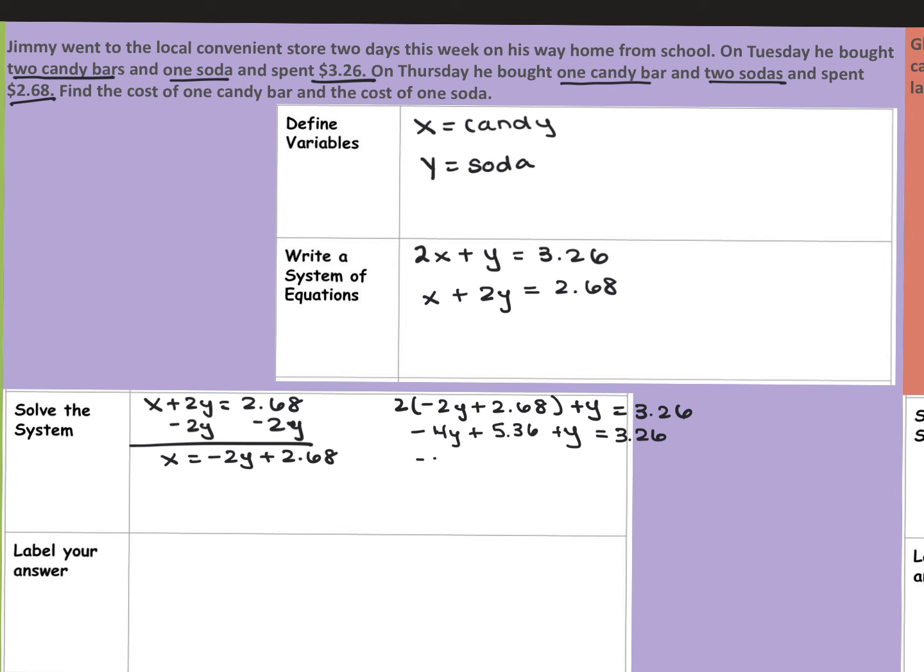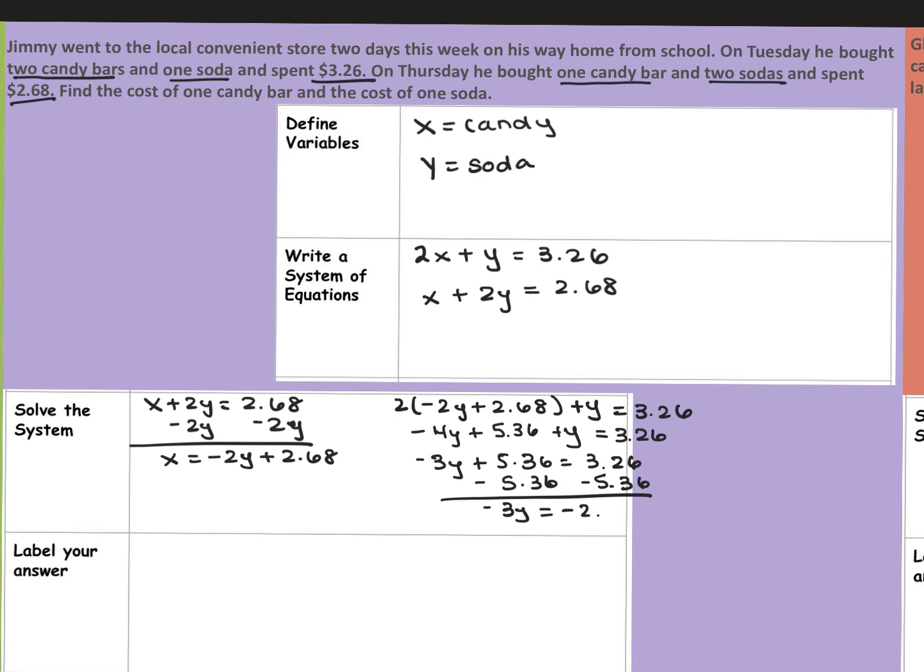Combine like terms, I get negative 3y plus 536 is equal to 326. Subtract 536 from both sides. I get negative 3y is equal to negative 2.10.